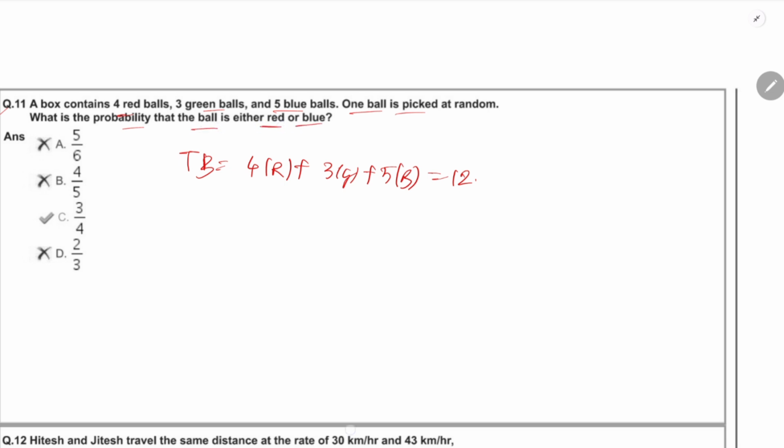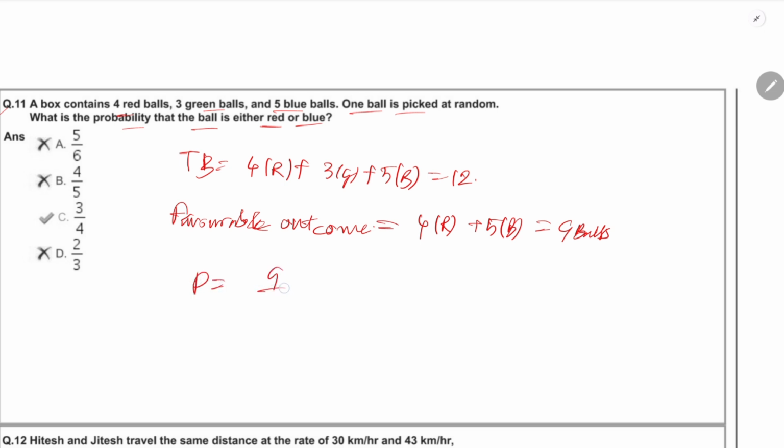The favorable outcomes are either 4 red or 5 blue balls, which is 9 balls. So the probability will be 9 by 12, which is equal to 3 by 4. Option C is correct.